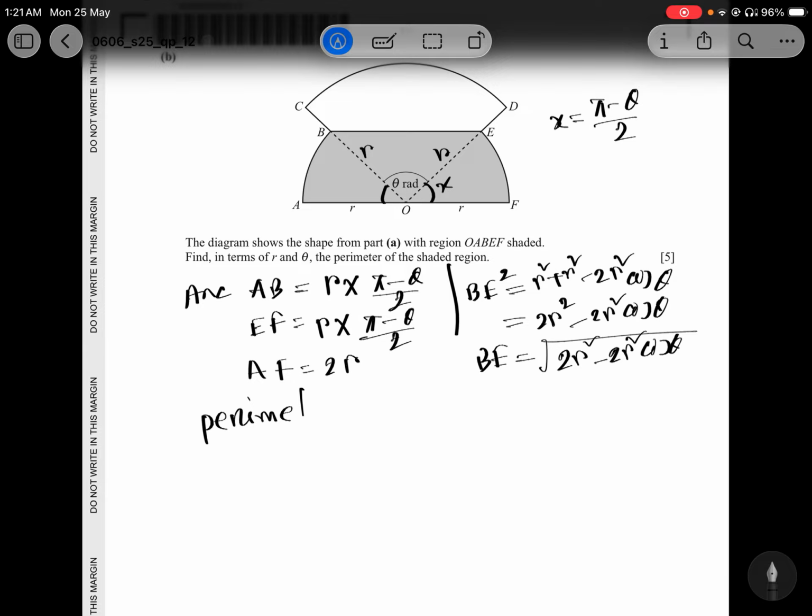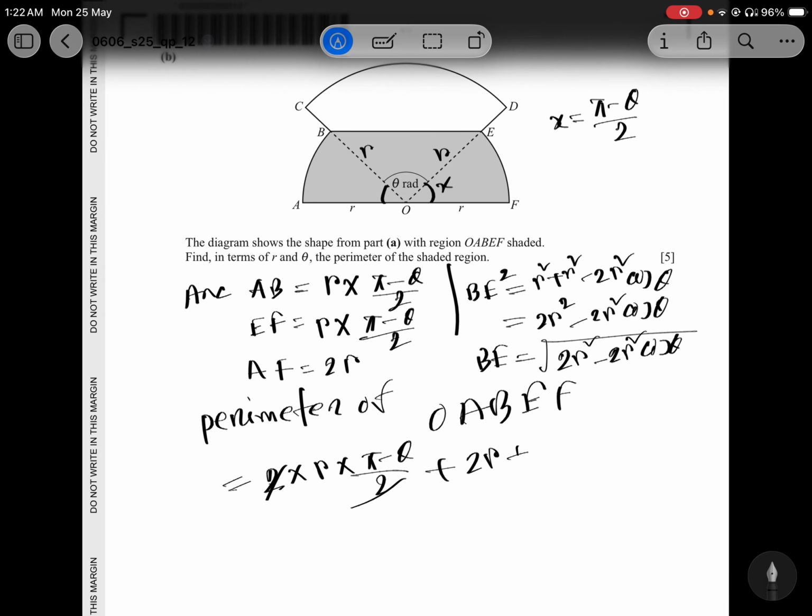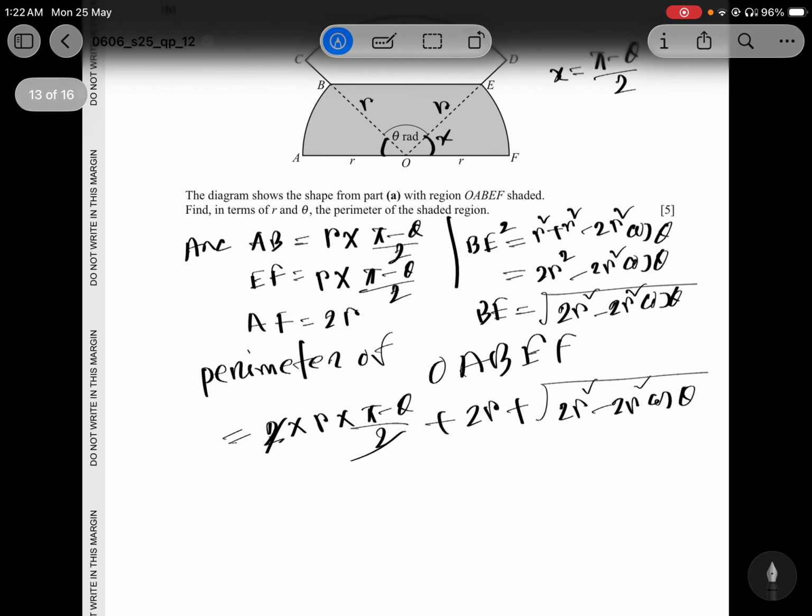Perimeter of OABEF is equal to 2 times this one, so 2 into r into pi minus theta over 2, the 2s cut down, plus 2r plus this, the square root of 2r squared minus 2r squared cos theta.